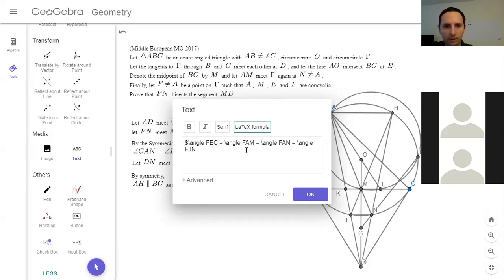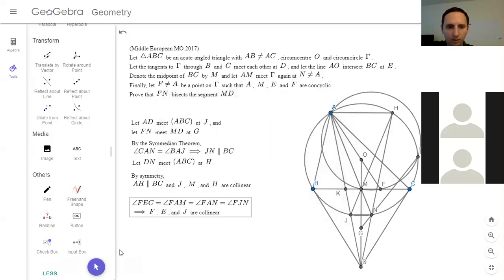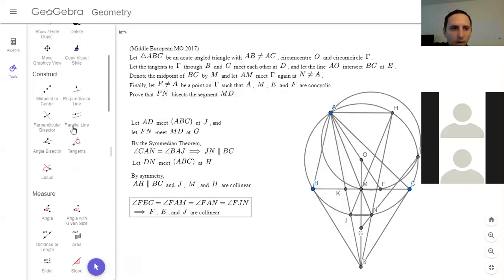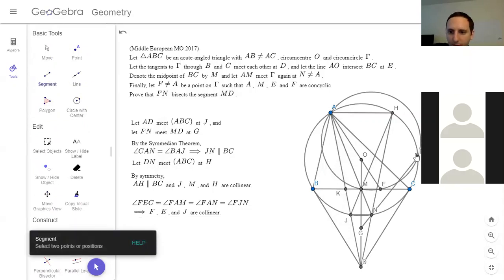And that means that FE and J are collinear. See how this comes out in the LaTeX. Let me get rid of this. Just try this. See how it comes out. It's a little better. So FE and J are collinear.